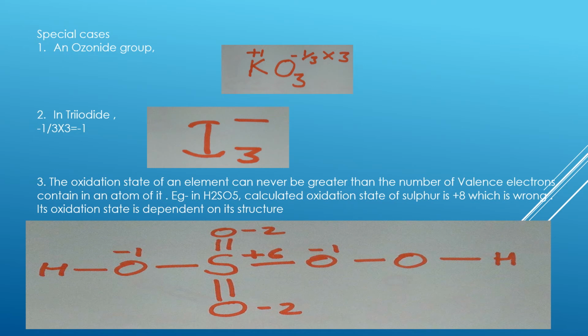Now just try to understand, if we take any molecule and find the oxidation state of a particular atom, like the oxidation state of sulfur, it will not exceed its valence electrons. Like the valence electron count of sulfur is 6, so not more than +6.